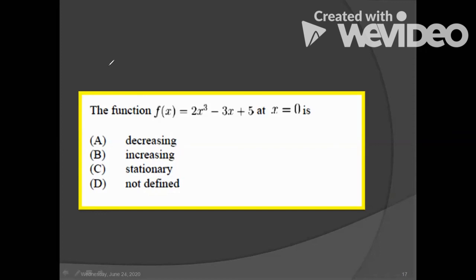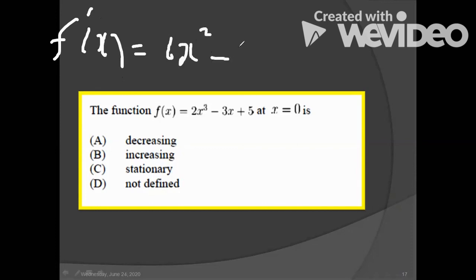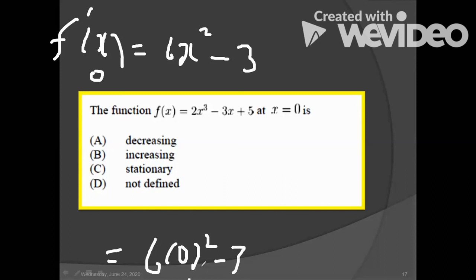We differentiate f of x, so it becomes f prime x, which is 6x squared subtract 3. Now we replace x with 0. This is a no-brainer. 6 times 0 squared, subtract 3, so we end up with negative 3.